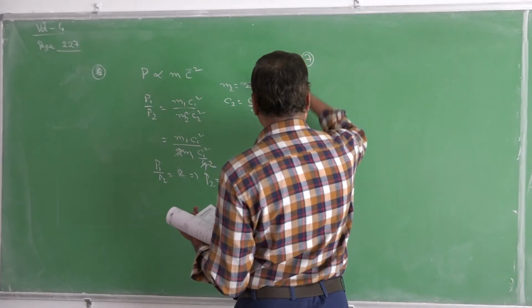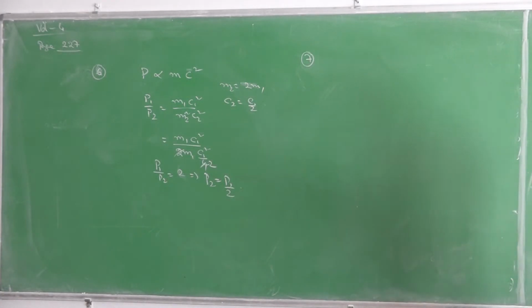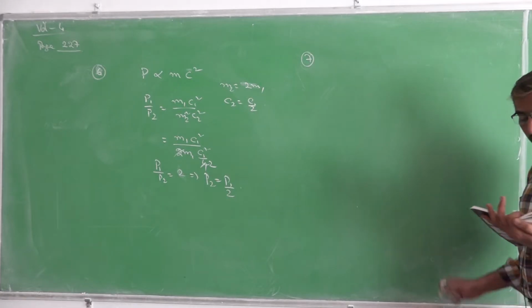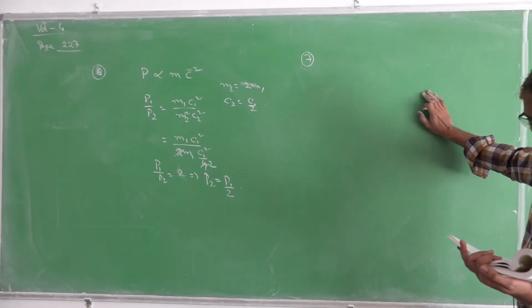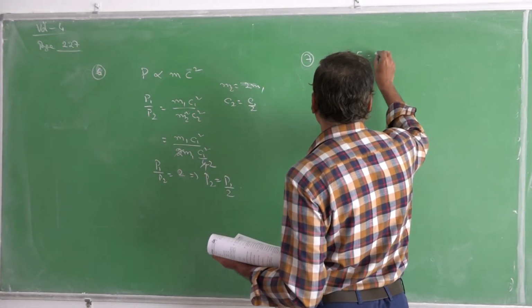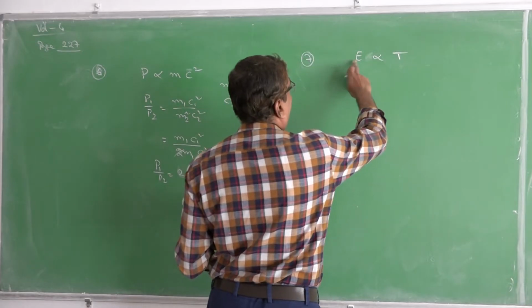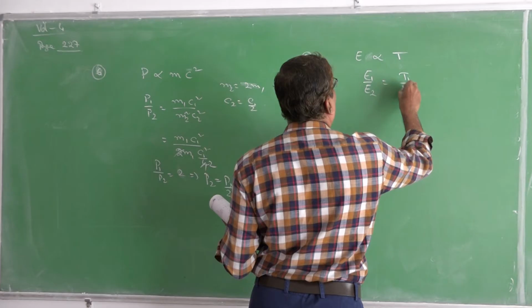Seventh one, at what temperature the kinetic energy of a gas molecule is double that of its value at 27 degrees centigrade. So kinetic energy is proportional to temperature. Directly we can write this equation, E1 by E2 is equal to T1 by T2.